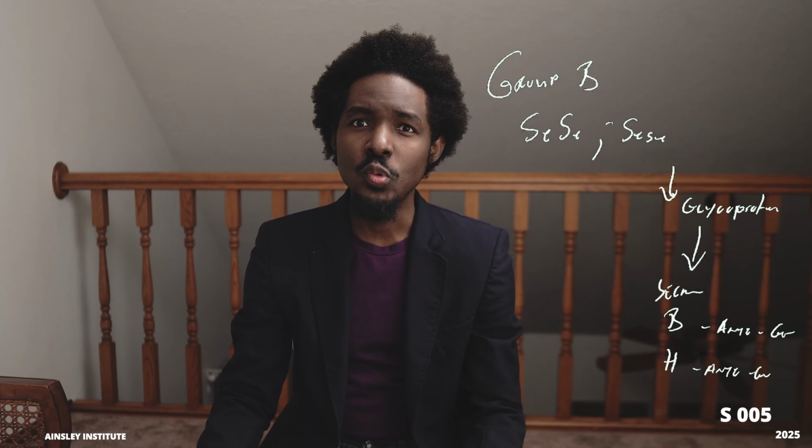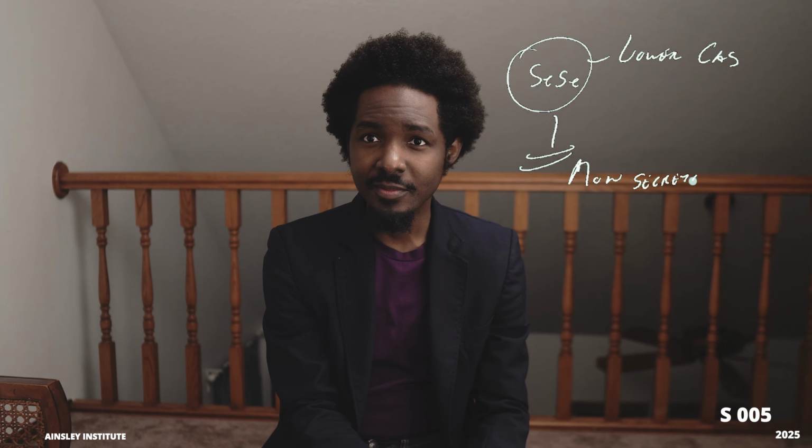People who inherit the se, these are lowercase, persons who inherit the se se genotype are termed non-secretors. So if you inherit those genes, you are a non-secretor. That is just how it is. Some persons are secretors, other persons are not secretors.